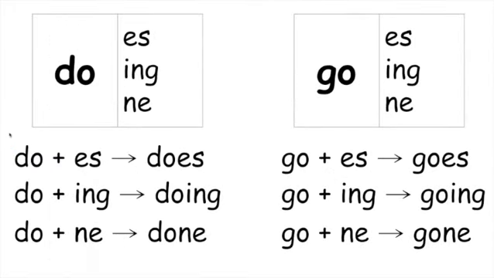When we have these word sums, we can create something called a word matrix or a morphological matrix, which shows the base of the word, which is bolded, usually in the middle. And then the prefixes would be, if there were some, to the left of the base word, and the suffixes would be to the right. We didn't look at any prefixes today, so there are no prefixes in our word matrix, either for do or go, but we could add them as we start learning more about these families.